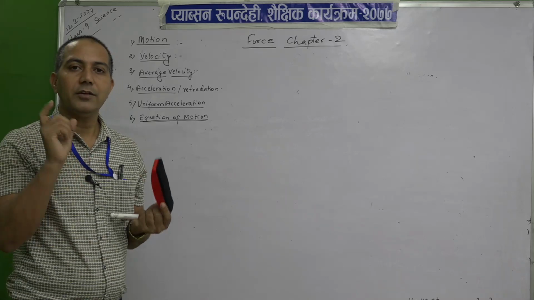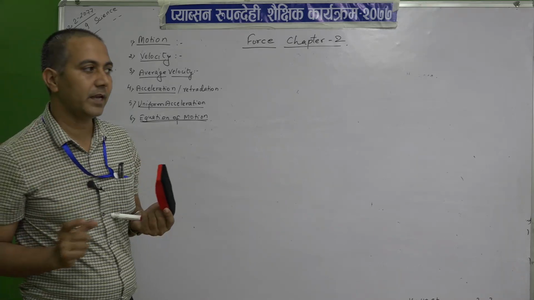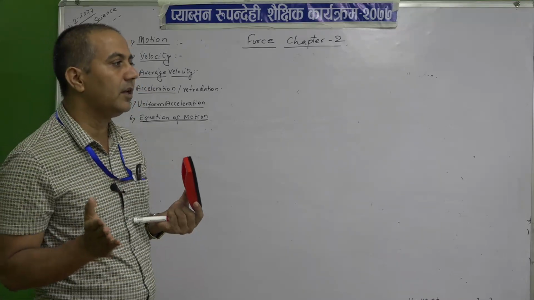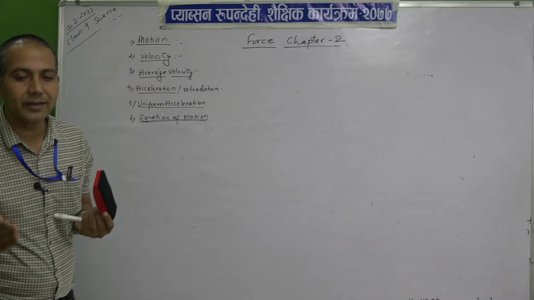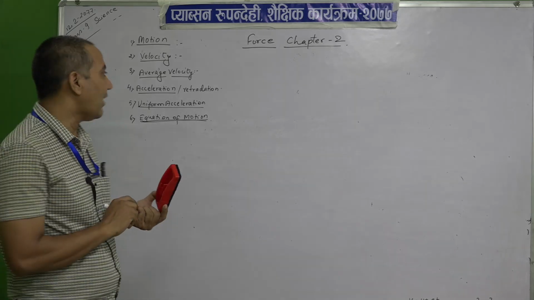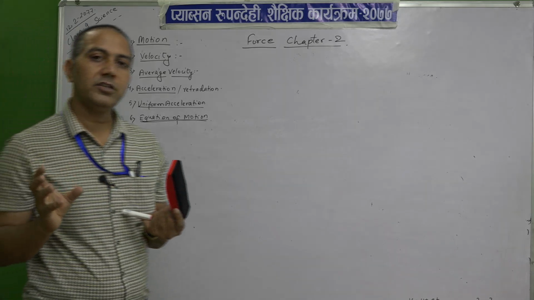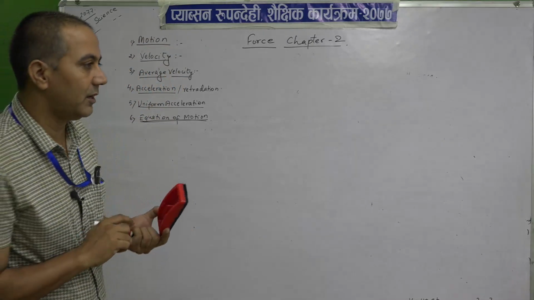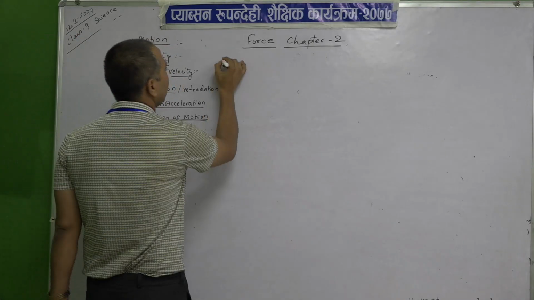Therefore, we say displacement upon time taken, or rate of change of displacement with respect to unit time, is called velocity. So, how do we define velocity? The rate of change of displacement is called velocity.